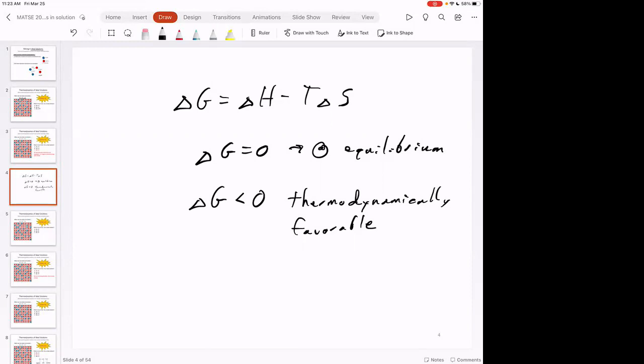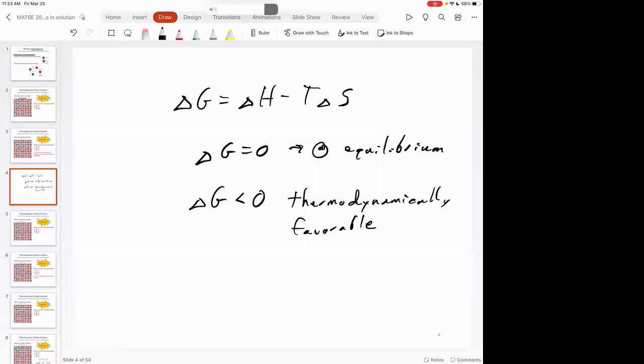Thermodynamics is, where are we going in terms of the total energy or the potential energy or the Gibbs free energy of the system? Kinetics is, how fast is the process happening? So I much prefer to say, if delta G is less than 0, this is a thermodynamically favorable process. We need to build in the kinetics to figure out how fast it's going to happen.